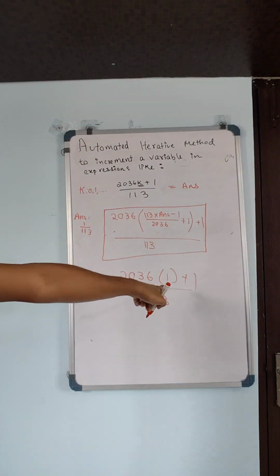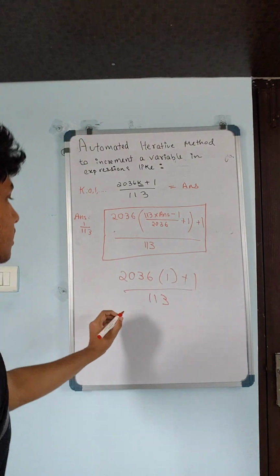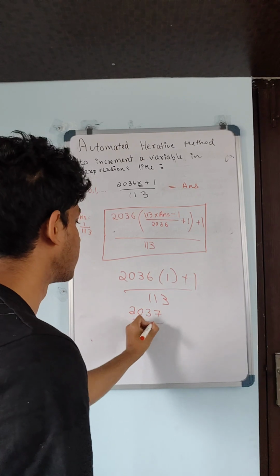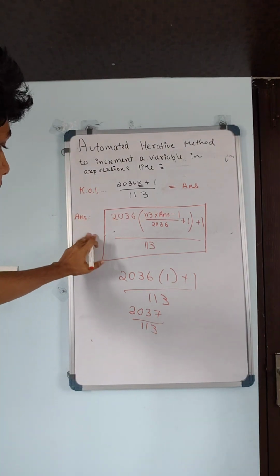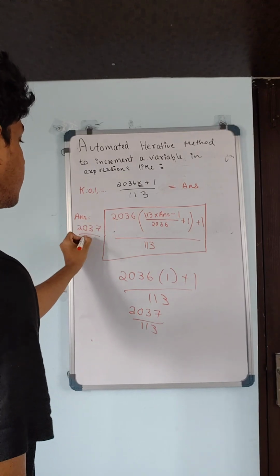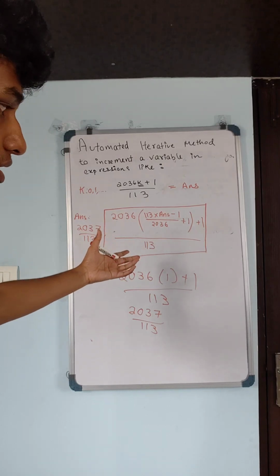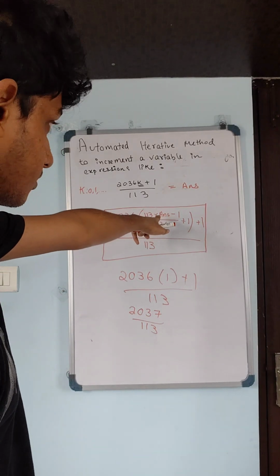So the answer value will be changed to this. This will be equal to 2037 by 113, and accordingly the answer variable will be stored as 2037 by 113. And now if I run this operation another time, this value will be substituted over here.